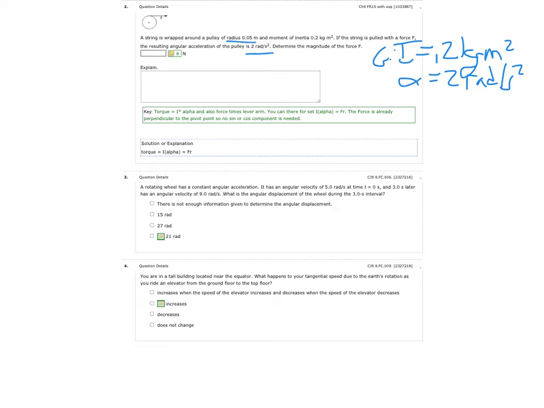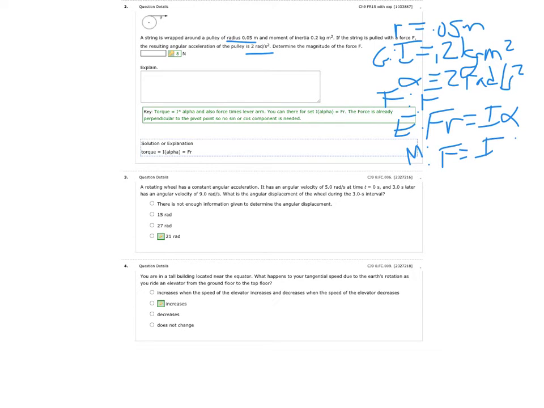And we knew the radius, so r is equal to 0.05 meters. And we were trying to find F, and so you all said, oh, well, F r equals I alpha. And so F is equal to I alpha over r, and then you plugged it in.